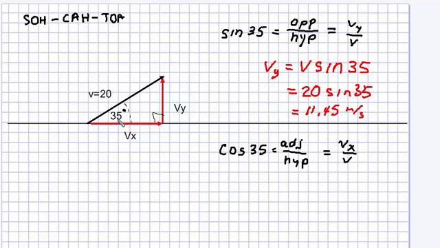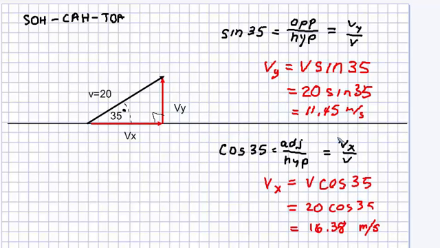How much of the 20 is pointed to the right? Well, we can use the definition of cosine. Cosine of the angle, by definition, is adjacent over hypotenuse. Our adjacent is Vx, our velocity in the x direction, and the hypotenuse is the full velocity V. Solving for Vx, multiplying both sides by V, we have Vx, when it gets all by itself, is equal to V times cos 35.